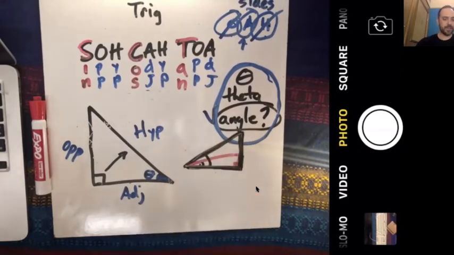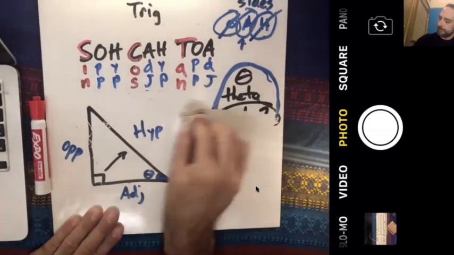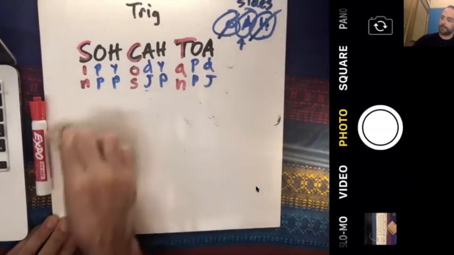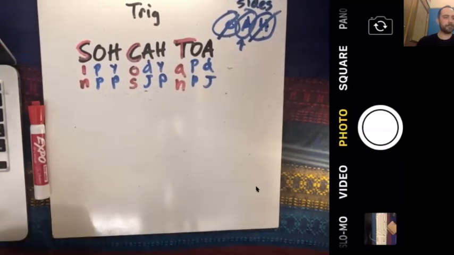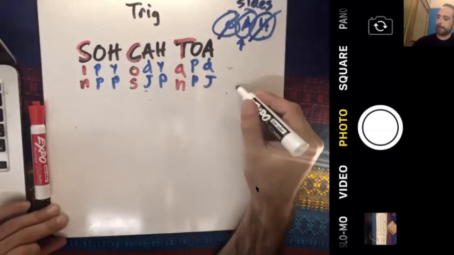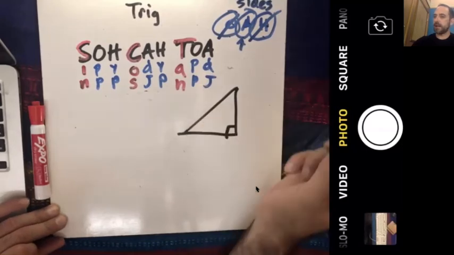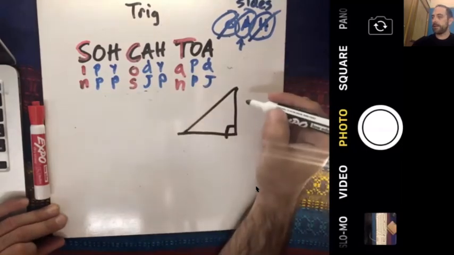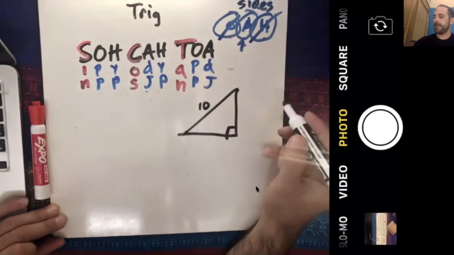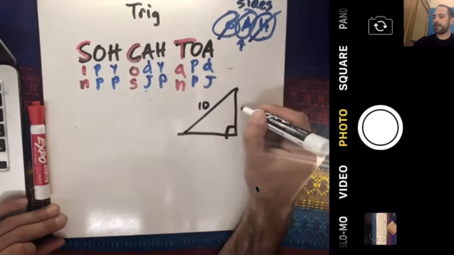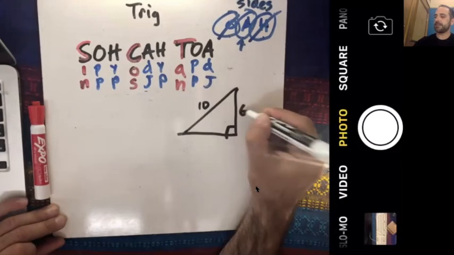All right, let's bring it all together. Let's draw a triangle over here. All right, let's say that this is 10, and let's say that this is 6, right?